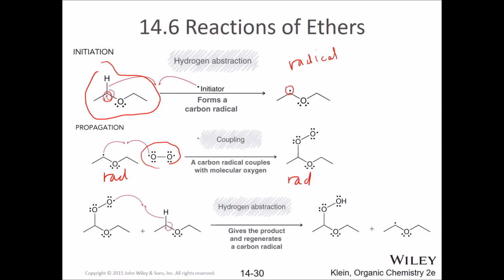That's why it's called propagation. And then after you get that radical, this radical comes and reacts with another ether. This is just the same thing we had before. Diethyl ether. And it makes your hydroperoxide. This is the explosive guy.